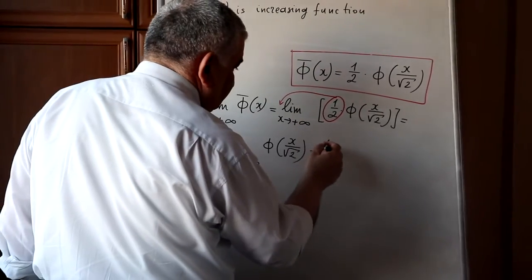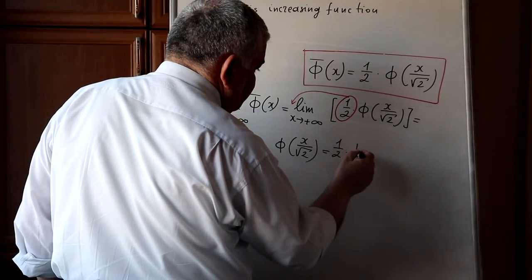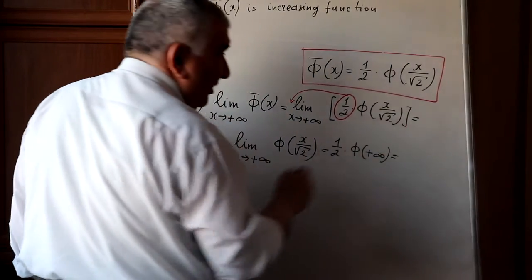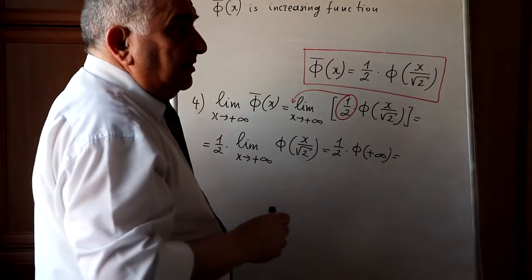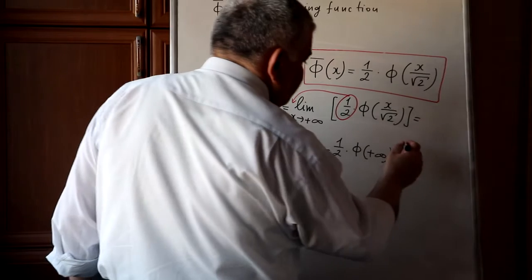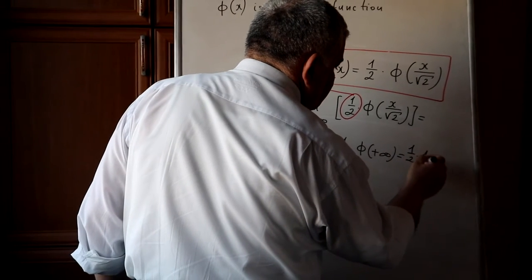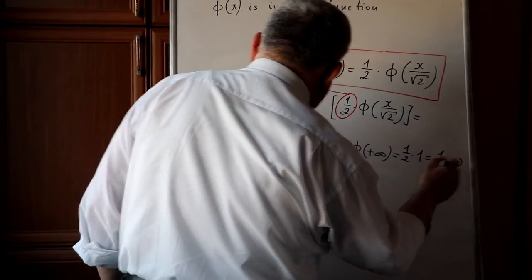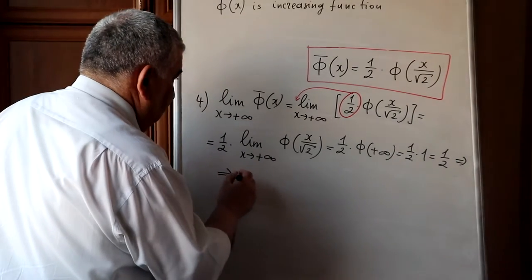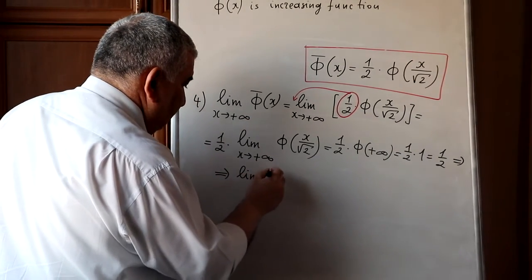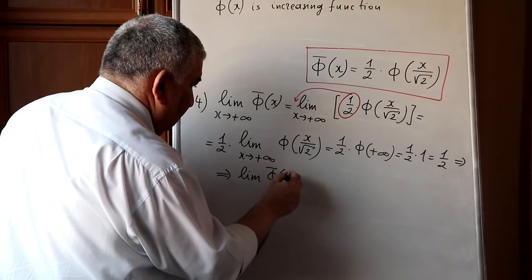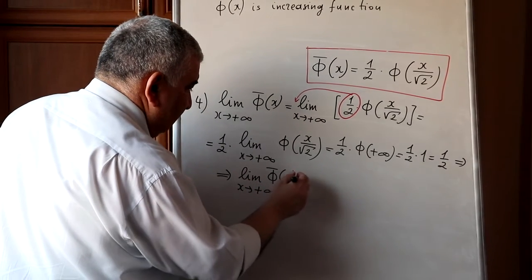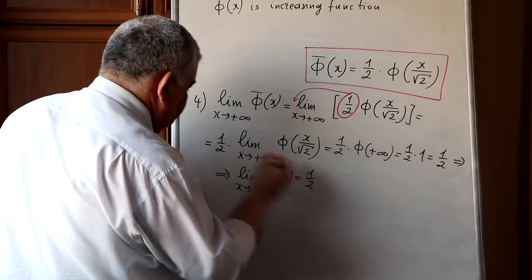Then we have 1 second multiplied by phi at plus infinity, and you know that the limit of the error integral at plus infinity is 1. 1 second multiplied by 1 is 1 second. It means the limit of phi bar of x when x tends to plus infinity is 1 second.